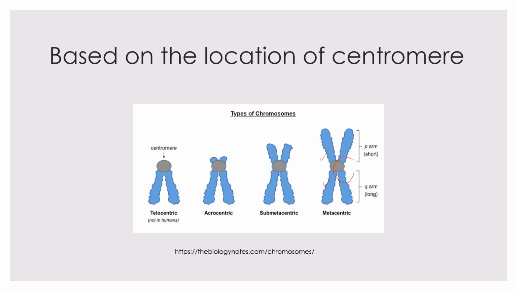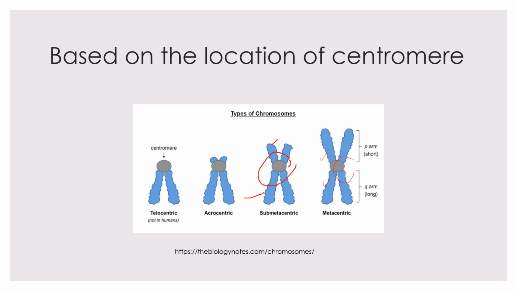Okay, and then if the centromere is a little away from the center, the shorter arm, the P arm, is of course shorter, and the Q arm is the longer arm. This is called submetacentric.